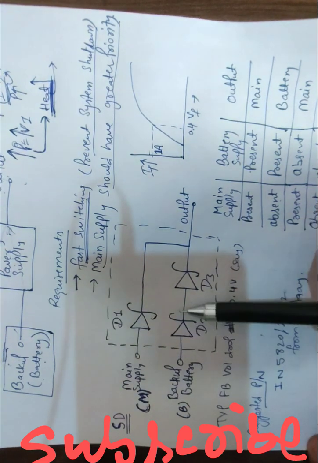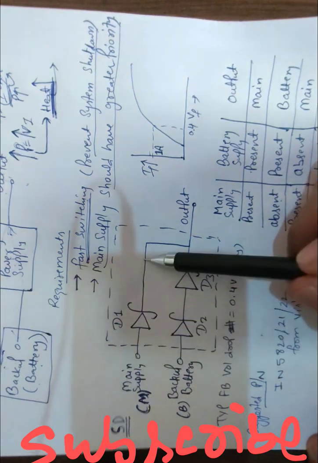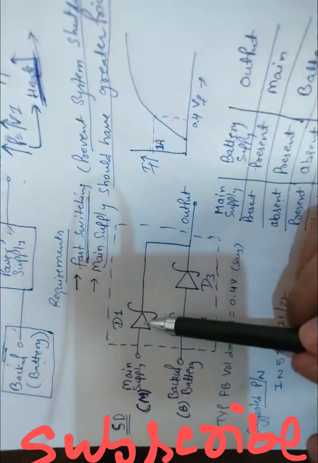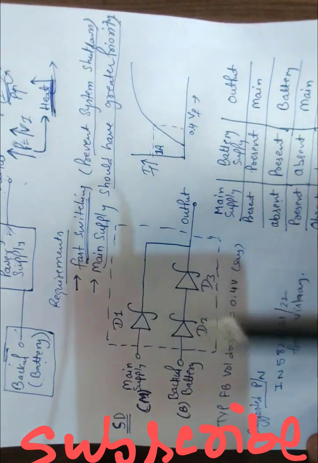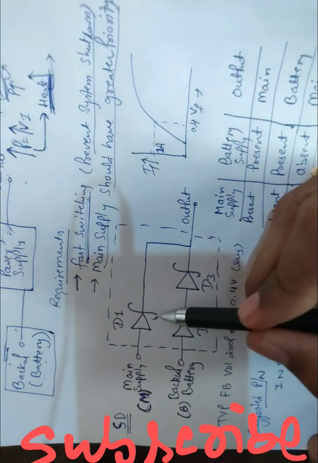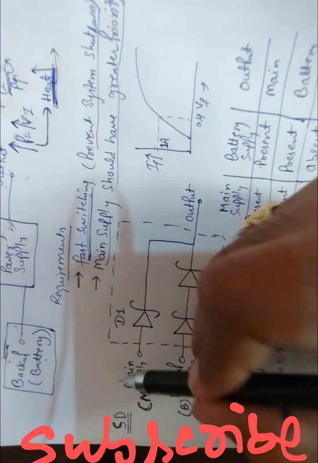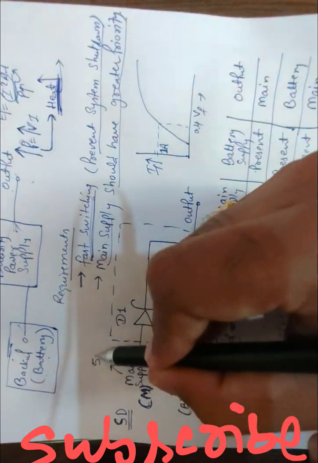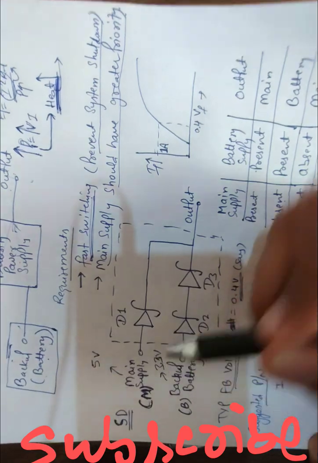These are diode 1, diode 2, diode 3. These all are Schottky diodes. There are two paths. In one path there is one diode, in the other path there are two diodes, as shown here. What will happen? I am considering 0.4 volt of forward bias voltage, and I am going to consider the main as 5 volt and the backup as something like 3.3 volt.